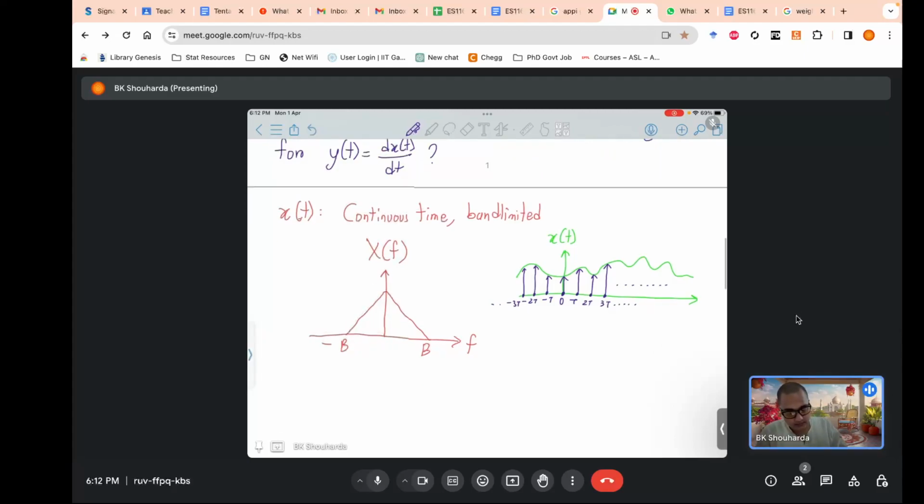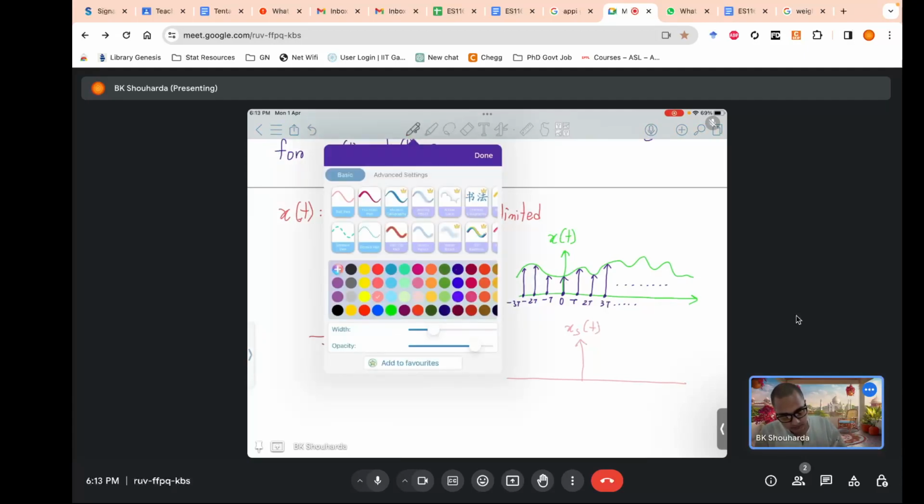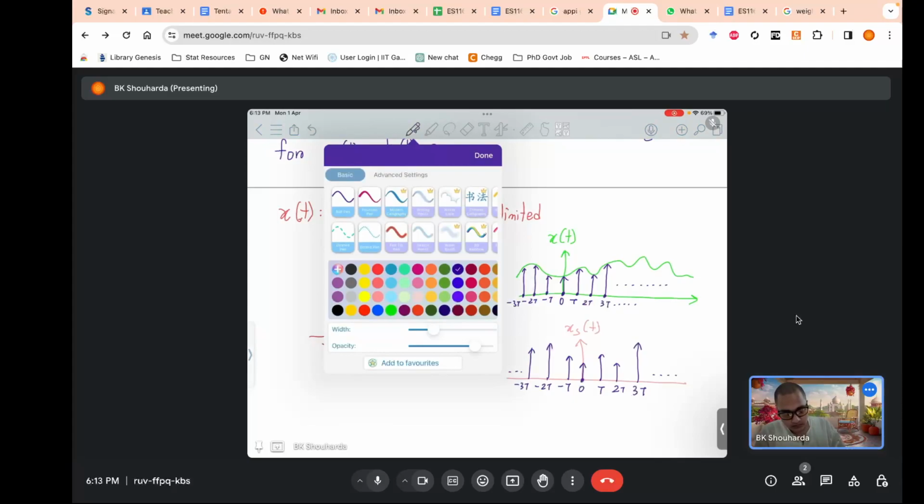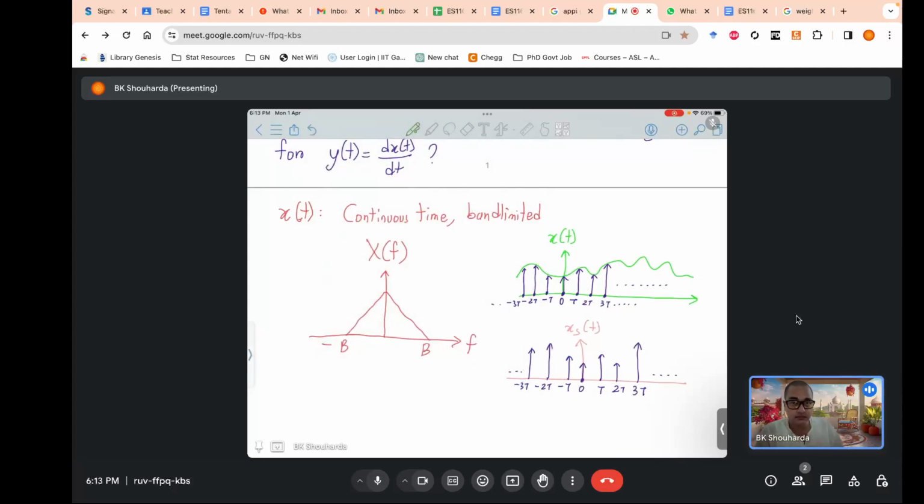The resultant signal, the sampled version of x(t), looks like this. It's just filled with impulses at multiples of T.